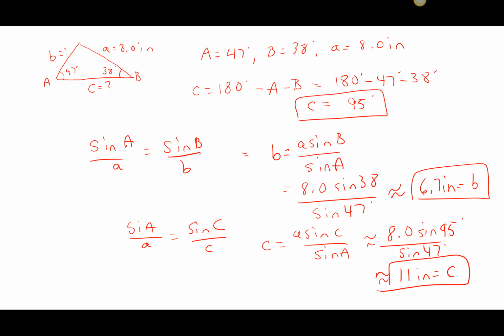So the big thing to remember, I'll give you these formulas so you don't have to worry about trying to memorize those. Just make sure that you can solve the problems, okay? Now, last one, law of cosines. Real similar to law of sines.